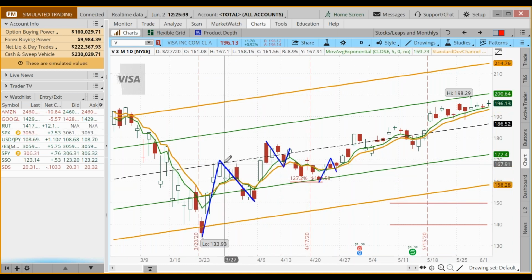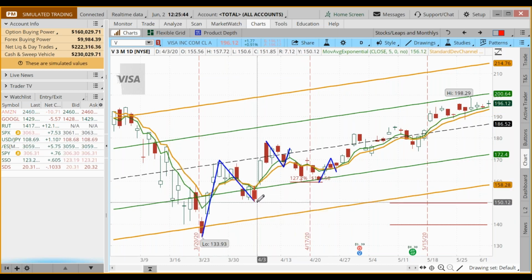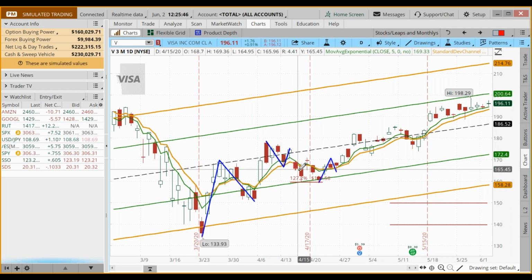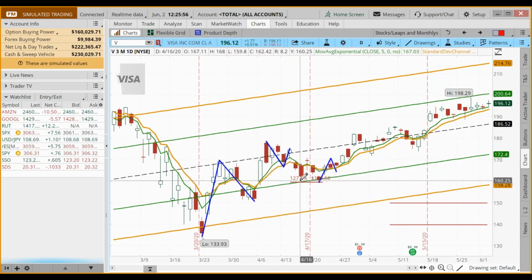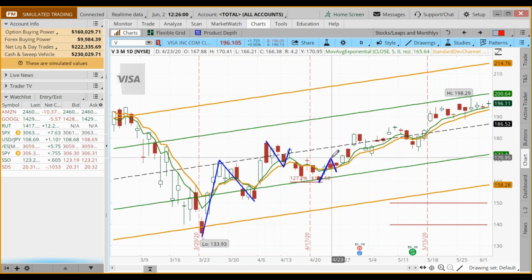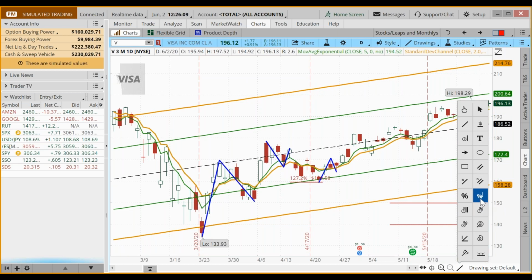We had a measured move down here, but it halted. Then we had another measured move down here that halted. We probably wouldn't have traded either one, because by the time we had a measured move, the trade was about done. Now we're back to a measured move to the upside, and that is something we want to take. So let's go down here and see what we got.